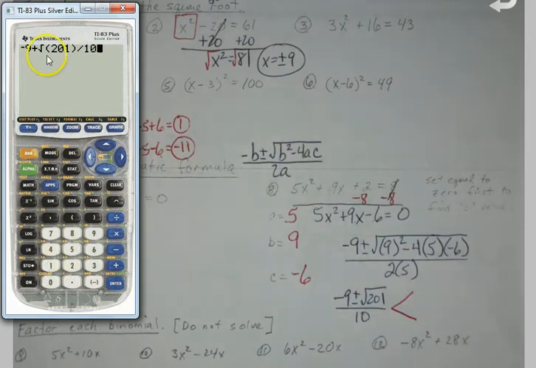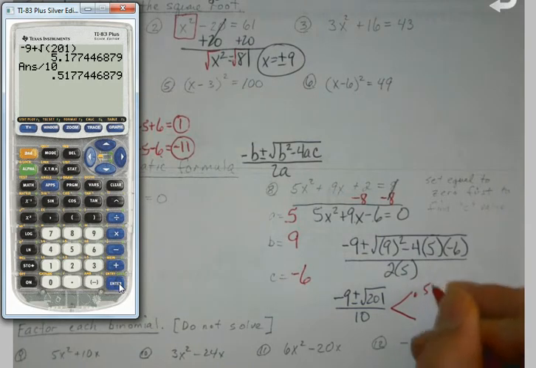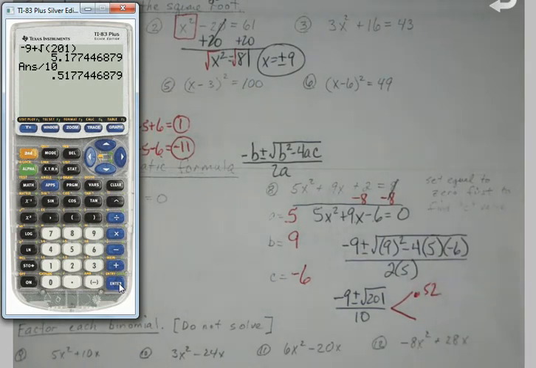With order of operations, it's going to do the divide part, and then it's going to add negative 9 to it. But that's not what I want. I want to add these up and then divide by 10. So I'd just type that part in, hit enter. So the negative 9 plus the square root of 201, and then divide it by 10. You're going to get a funky answer, like 0.52 we'll call it. We'll just go to a couple decimal places.